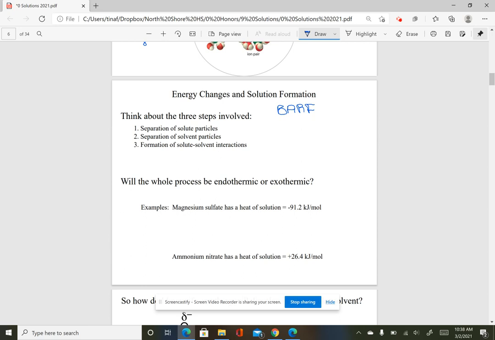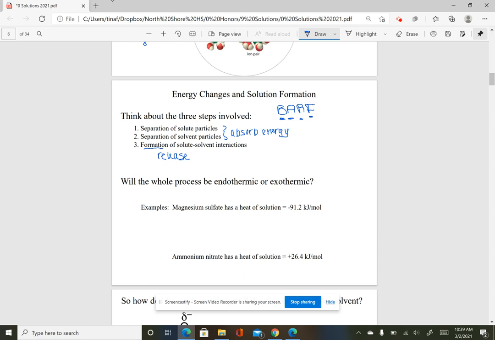So when you make a solution, the first thing that has to happen is your solute and your solvent particles have to separate from each other. So if we're breaking a bond or breaking an intermolecular force, energy needs to be absorbed. So the first thing that happens is we absorb a little energy. Then when our new intermolecular forces form, we release energy.